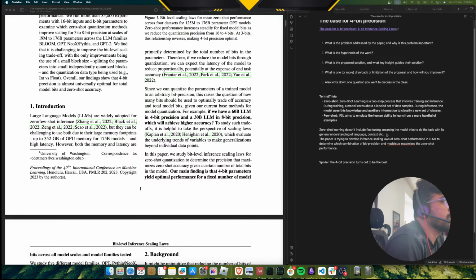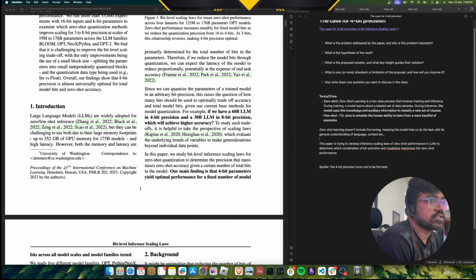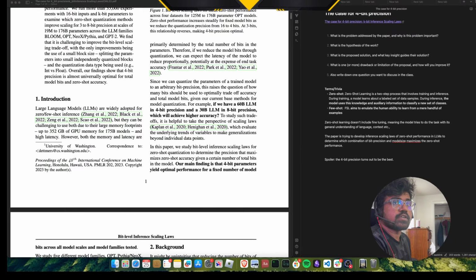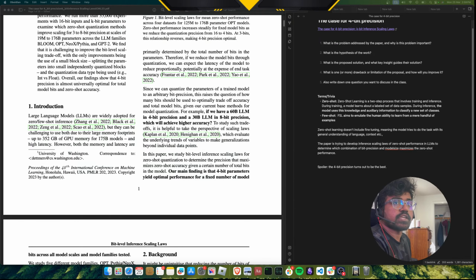So basically, from what I understood, zero shot learning is when you have a model which is already pre-trained, and for a given task, you don't train it again or do fine tuning. You directly give the task and see how it works.